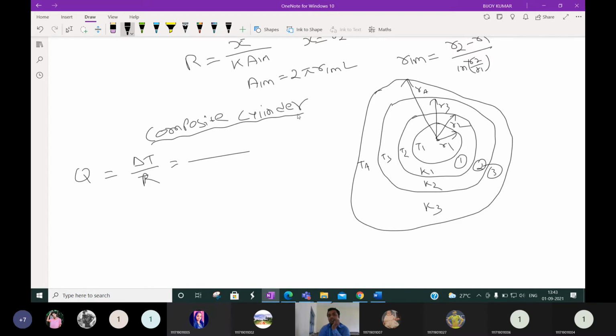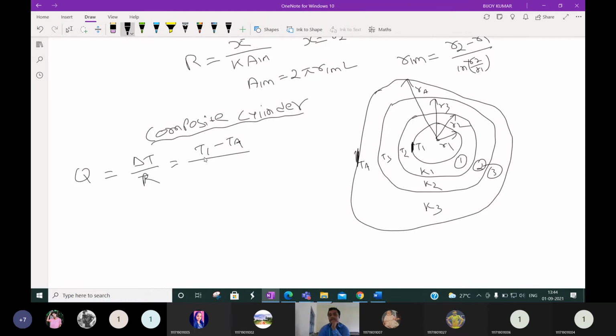So composite cylinder means the combination of these three things. So for the composite cylinder, what are the end temperatures? The end temperatures will be T1 and T4. So it will be T1 minus T4.